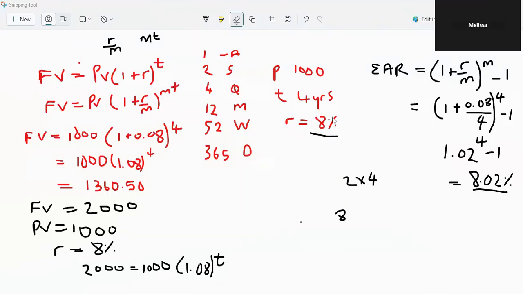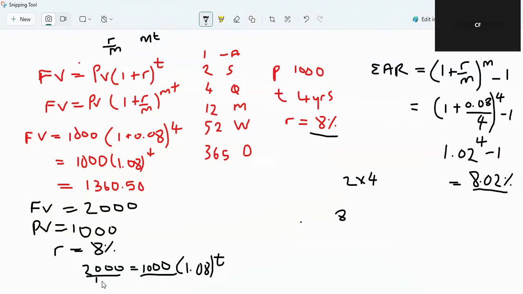Okay, so from where you've indicated, 2,000 is equal to 1,000, in brackets 1.08 to the power t. You start by dividing over 1,000 on both sides.